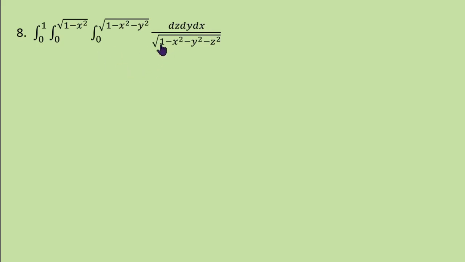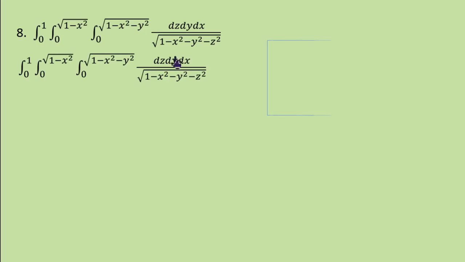Now, the integral of 1 by root 1 minus x square minus y square minus z square with respect to z. When you integrate with respect to z, 1 minus x square minus y square is constant. Assume that 1 minus x square minus y square is a square.